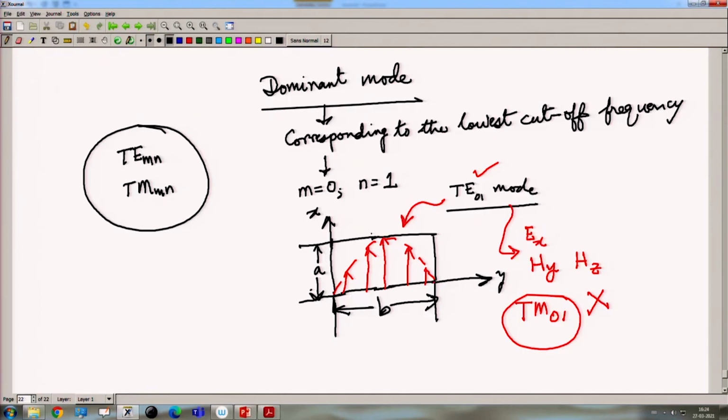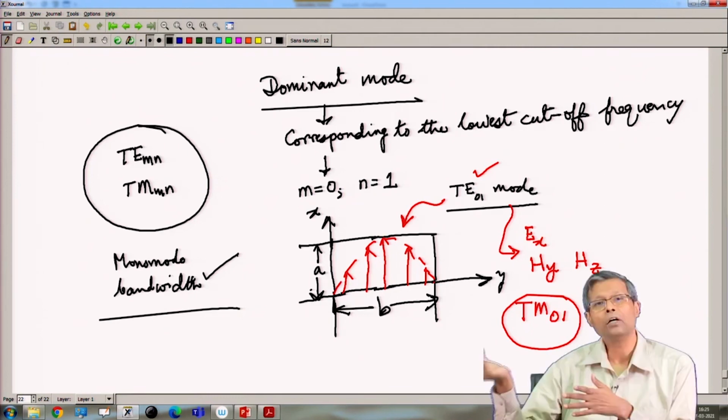So, we always want to maximize what we call the monomode bandwidth of the waveguide. For any guided structure, we want to maximize the monomode bandwidth, that is the frequency gap between the dominant mode and the onset of the next higher order mode, because that is where we want to have propagation.